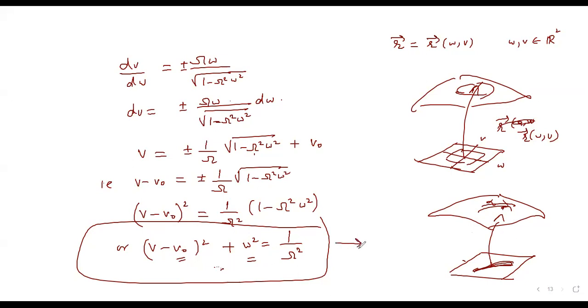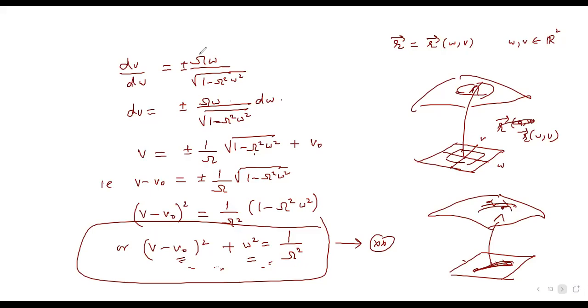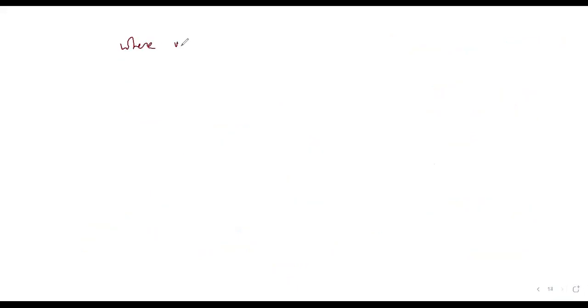So let's call this double star. That is, one kind of geodesic on this are the meridians, the other are the curves whose WV coordinates in the domain, whose image is on the surface, they should satisfy this equation. So let me write it like this, where of course V naught is a constant.